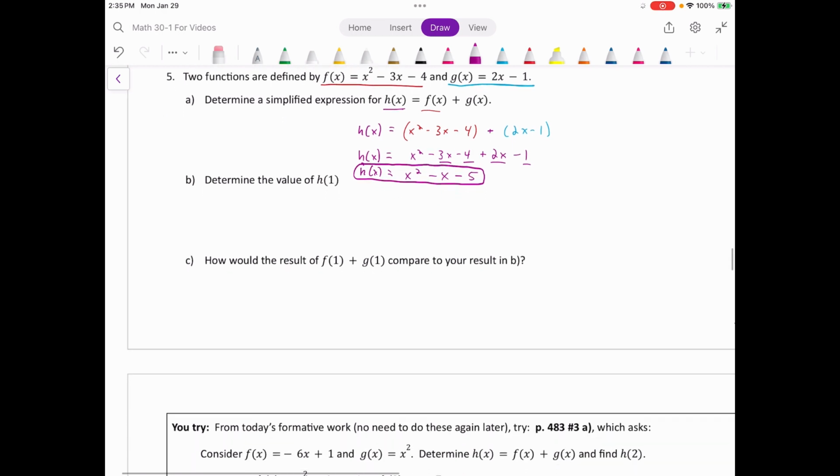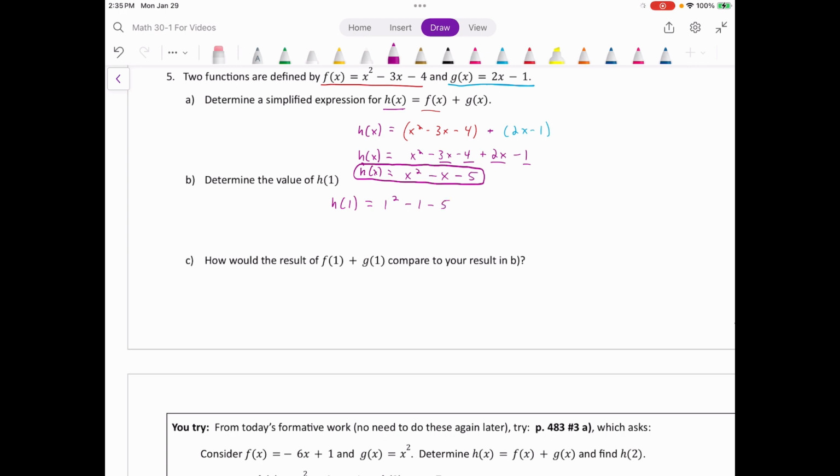Now we want to determine the value of h of 1. Well, we just figured out how to find h of any x, right? These are instructions on how to figure out the value of h at any value of x. So we just got to put in 1 for x, right? Literally what this is asking us to do, h of x is x squared minus x minus 5. So h of 1 is 1 squared minus 1 minus 5.